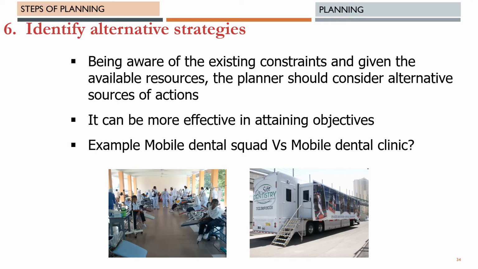So an example of a strategy, the mobile dental squad versus the mobile dental clinic. So the use of these different modules is that we look at the place and the availability of the vehicles and also the area, the location.